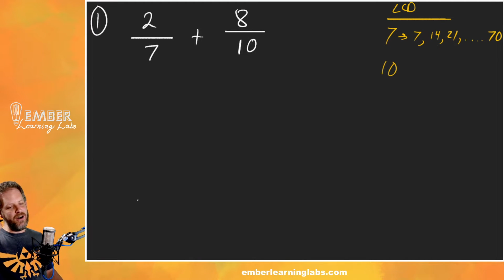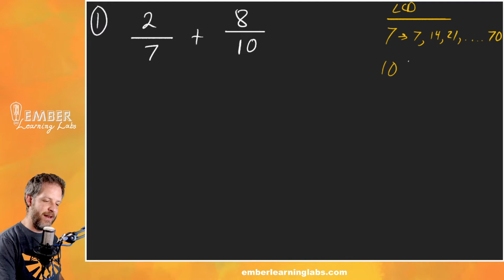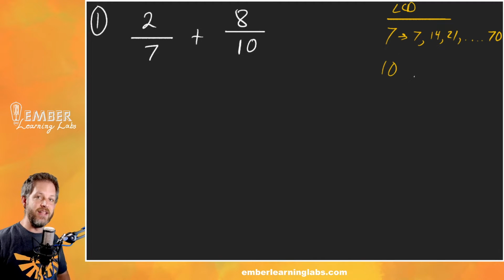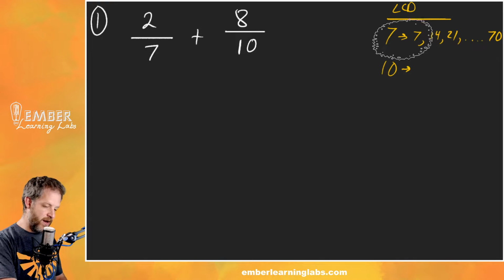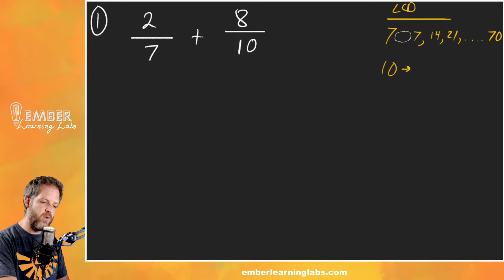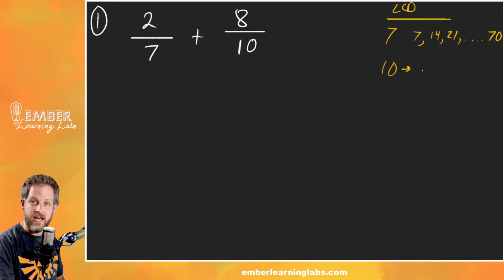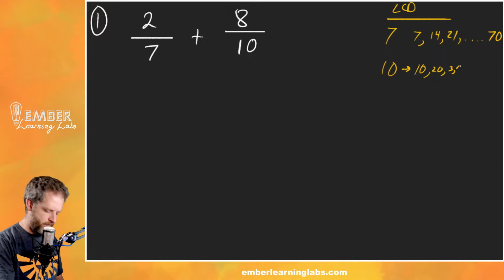We could skip count all the way up there, but I think we're going to save ourselves some time because I don't think it's going to find anything in between. If you didn't see that right away, that's totally fine. You can walk it on down there on examples. So 10, 20, 30, skip a few, 70, right?